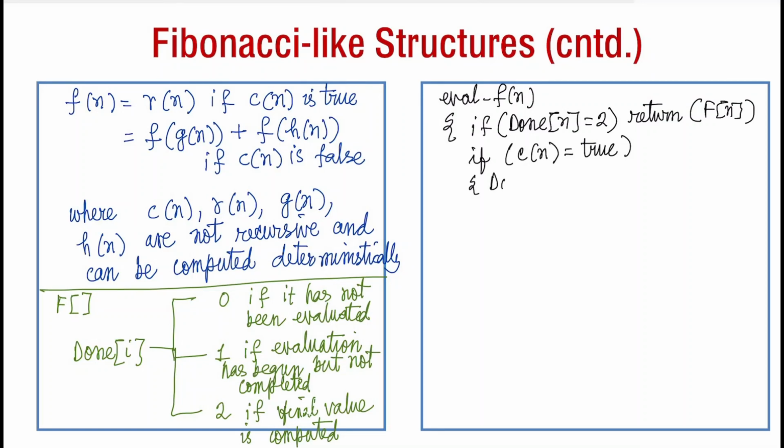So it makes done n equal to 2, fn equal to rn, and it returns fn.